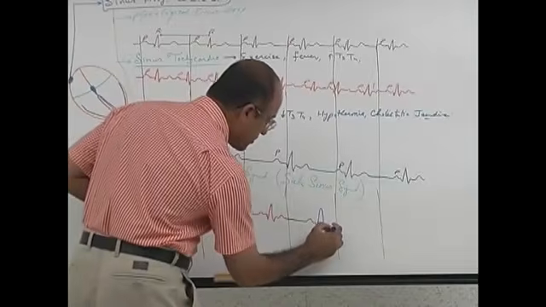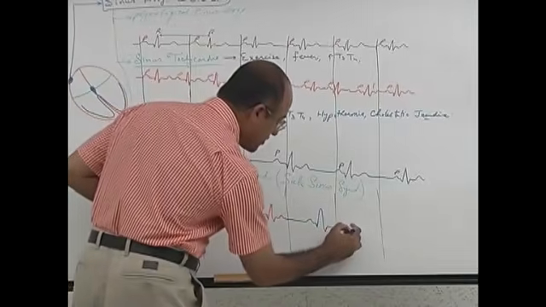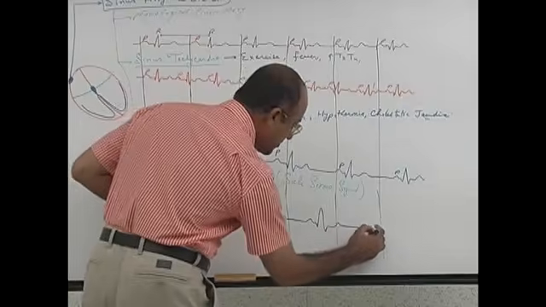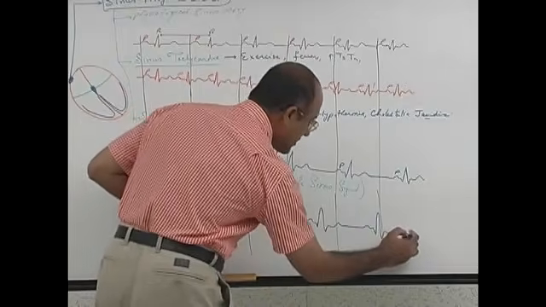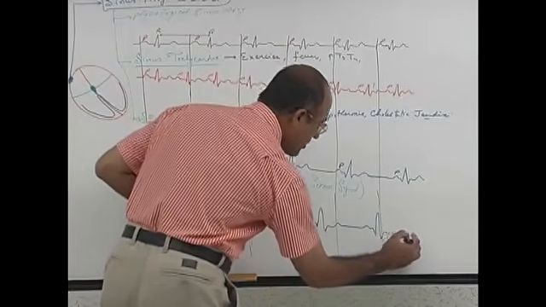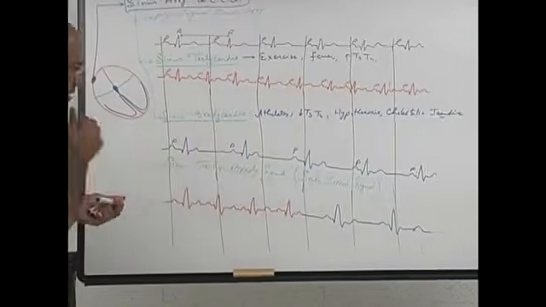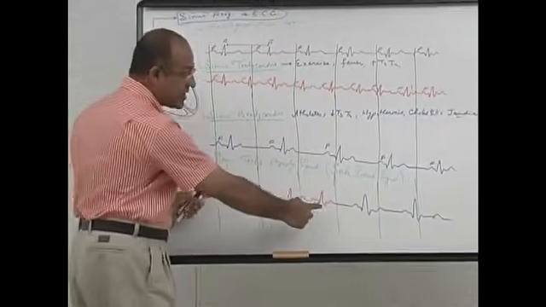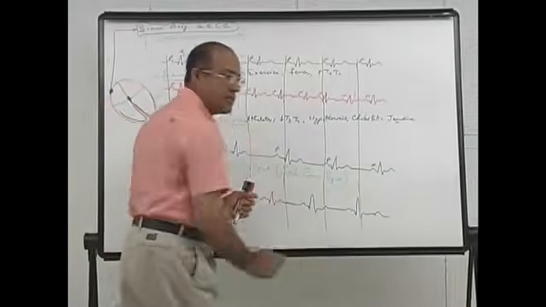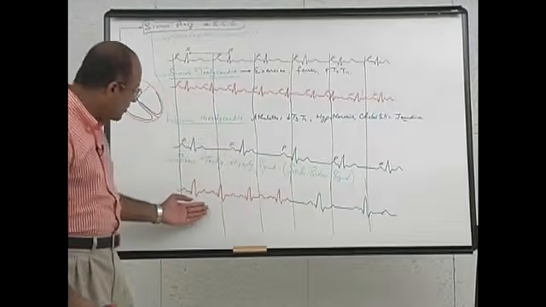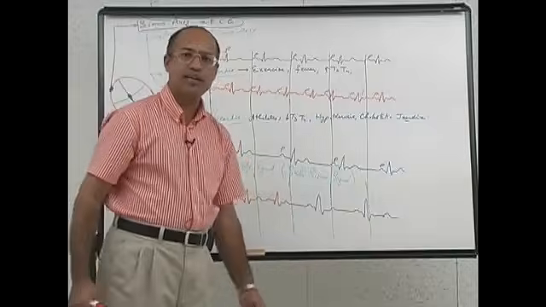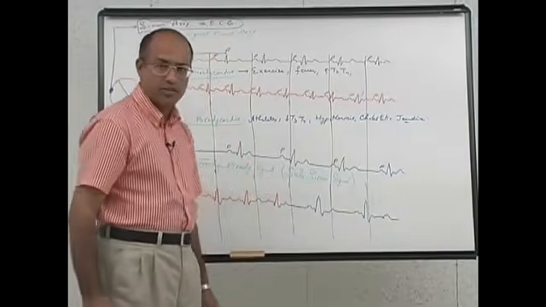Then of course the heart rate for that piece of time will be less than normal. So we can say this patient has tachycardia-bradycardia syndrome, or simply sick sinus syndrome.